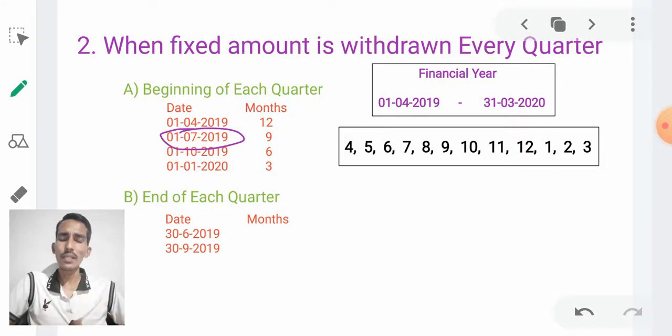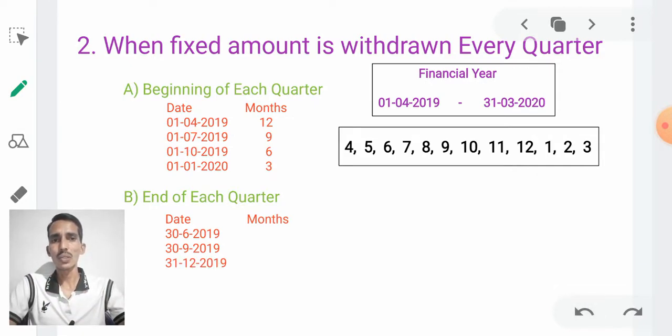When will it end? Just see, 7, 8, 9, end of the 9th month, right? Therefore, we take 30/9/2019, and the third quarter will end on 31/12/2019, and the fourth quarter will end on 31/3/2020.